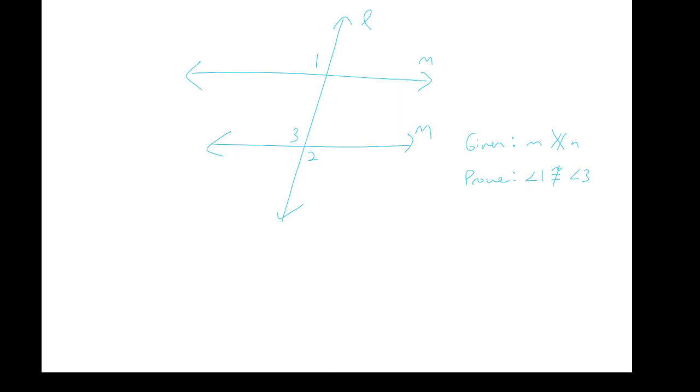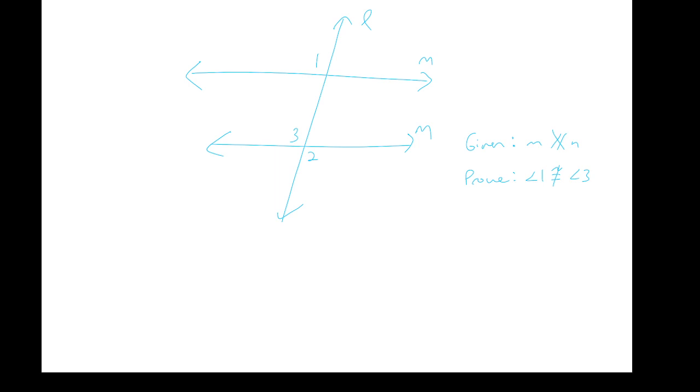So what we're going to prove is the opposite case to be true. We're going to assume the opposite case to be true to make our point here. Effectively, what we have as our given, the opposite is what will be our proof step.